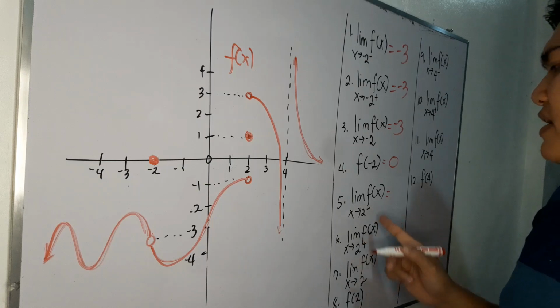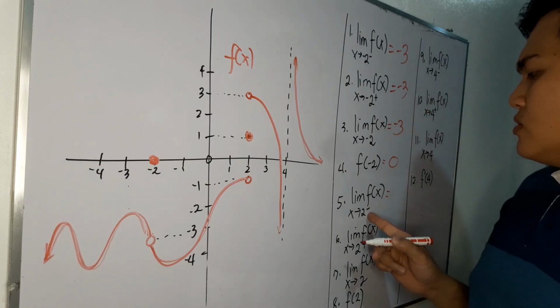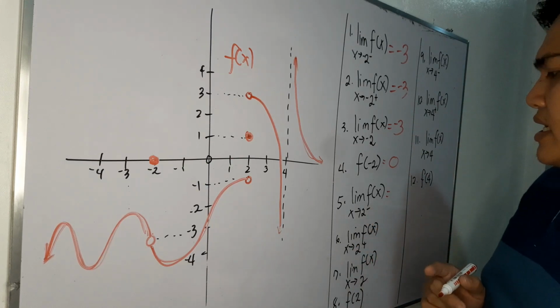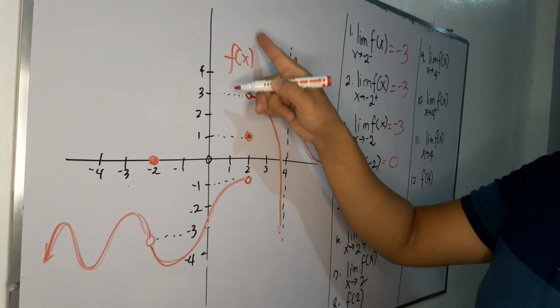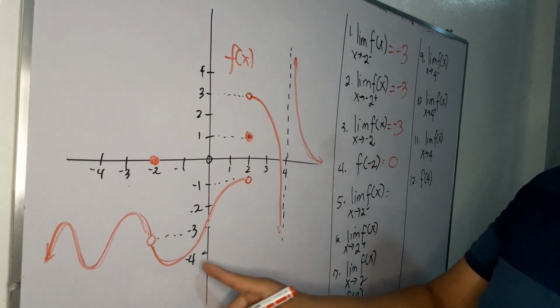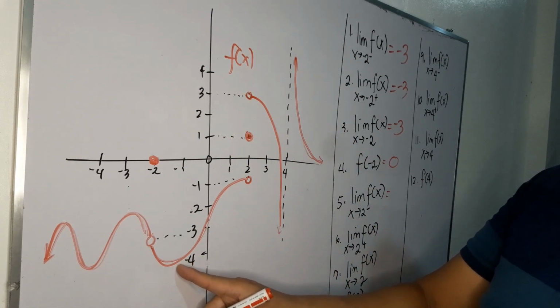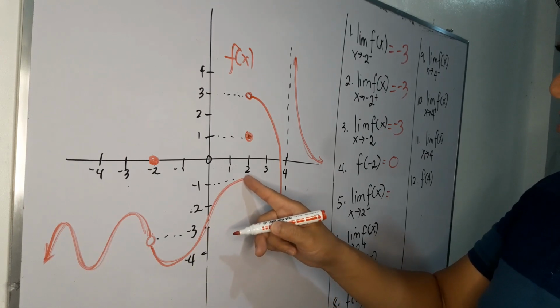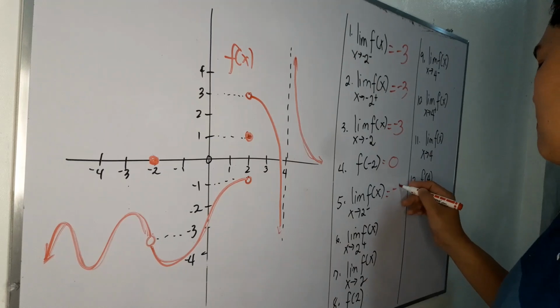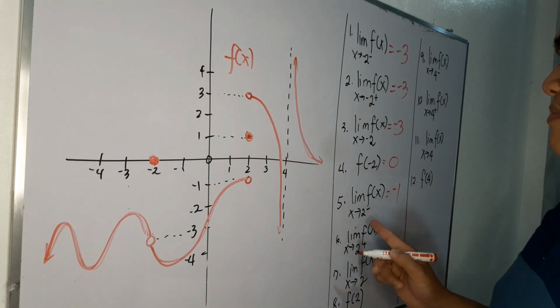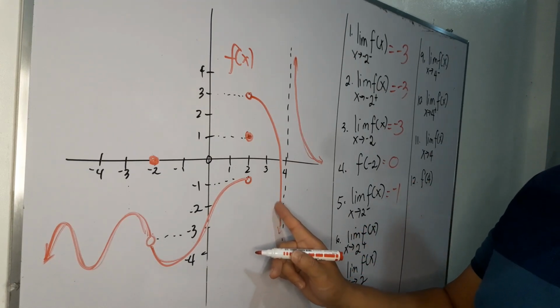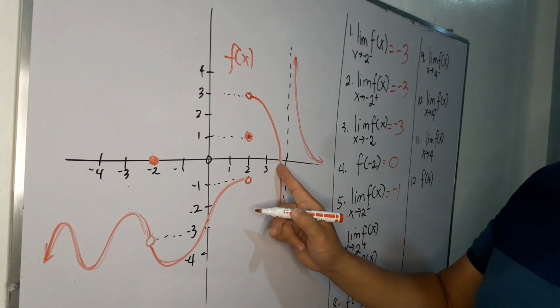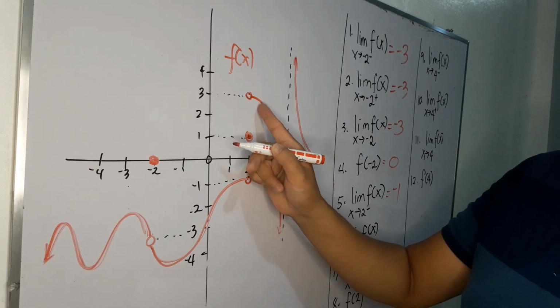How about the limit of f of x as x approaches 2 from the left? Where is x equals 2? This one. So we will approach this from the left. So y values go to negative 4, to negative 3, to negative 2, going to negative 1. If we're from the right, the y values go to negative 2, negative 1, 0, 1, 2, 3.